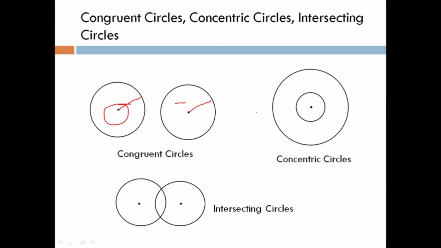Now next is the concentric circles. In concentric circles, the center of the circles remains the same, only the radius keeps on changing. So in this case, this is the small circle which has this center. Suppose this center is O. So this is the radius of the small circle.